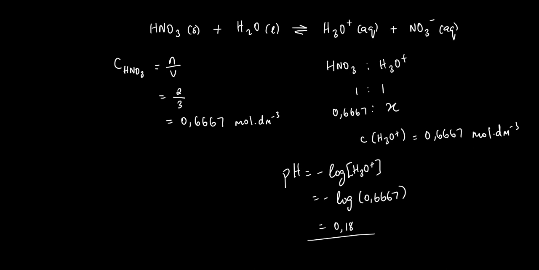Now let's quickly move to a base, right? Because as much as we were able to calculate the pH of these acids, we also need to calculate the pH of a base. Now, here's a question which says, let's start with this one.